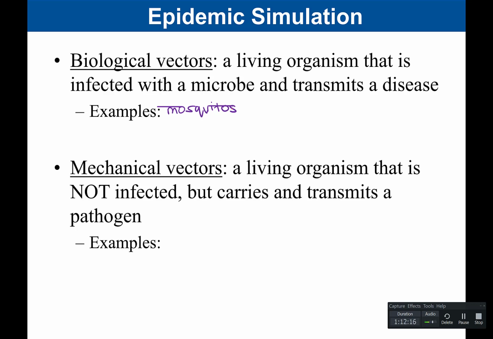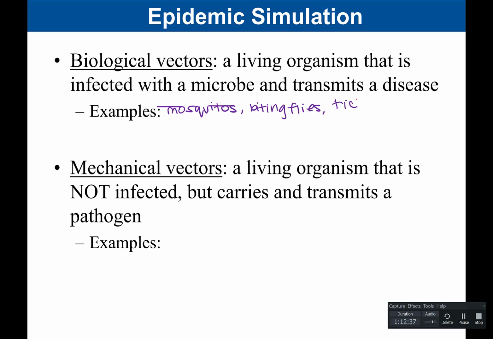So malaria is transmitted by mosquitoes. Biting flies. So in Africa, they have a type of fly called a tsetse fly that causes African sleeping sickness. So it injects the organism when it takes a blood meal.